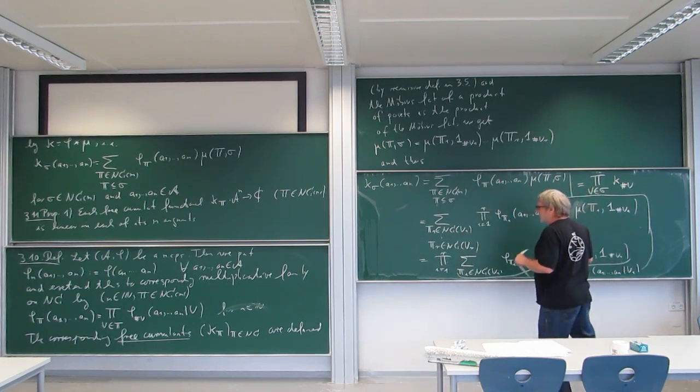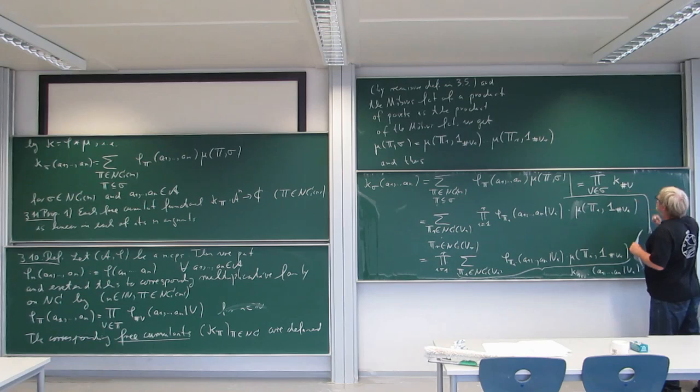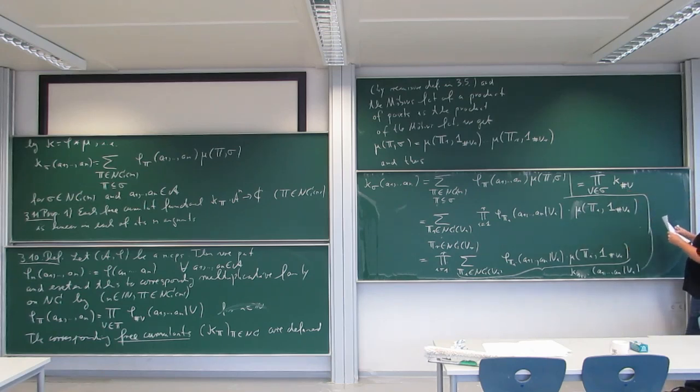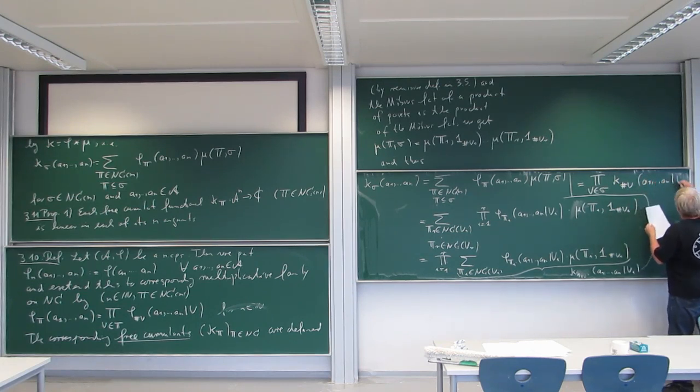So you define the kappa of n. This is just the kappa of the one partition. Okay, so we get this of the base restricted to v. That's the end of the proof.